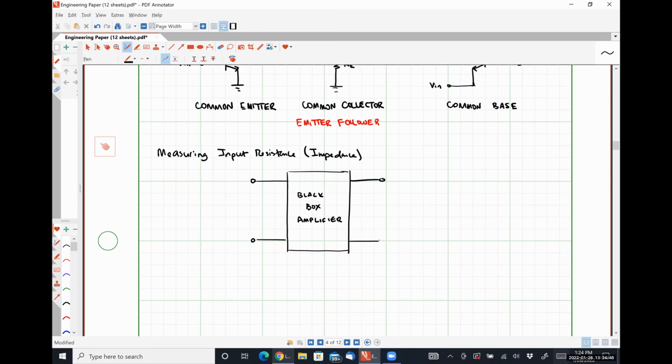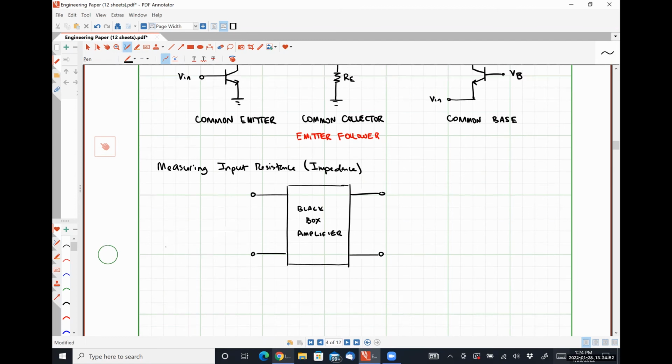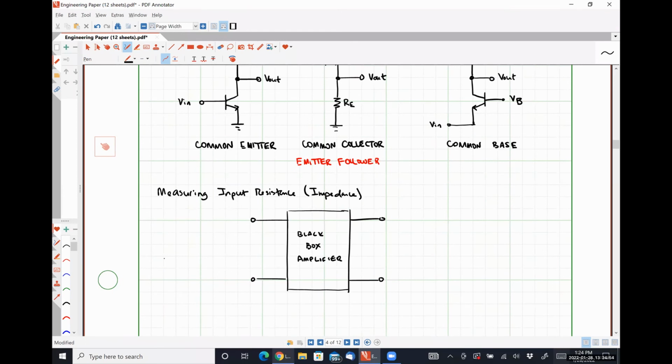So for us, that's usually whatever terminal we're applying the input signal, and then the bottom terminal is ground. We have a pair of output terminals.